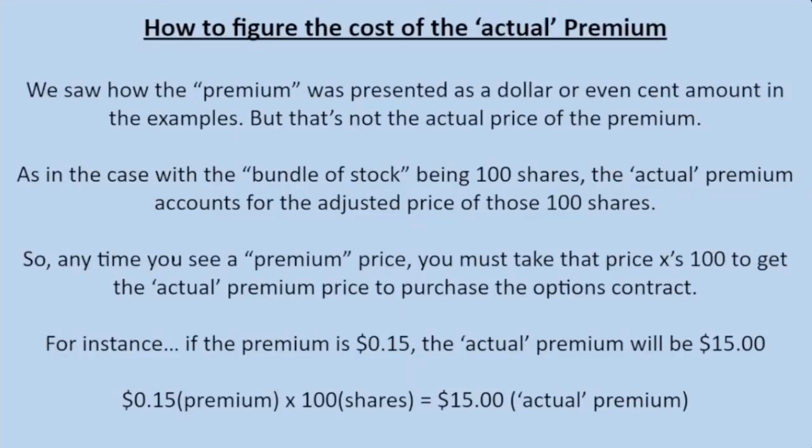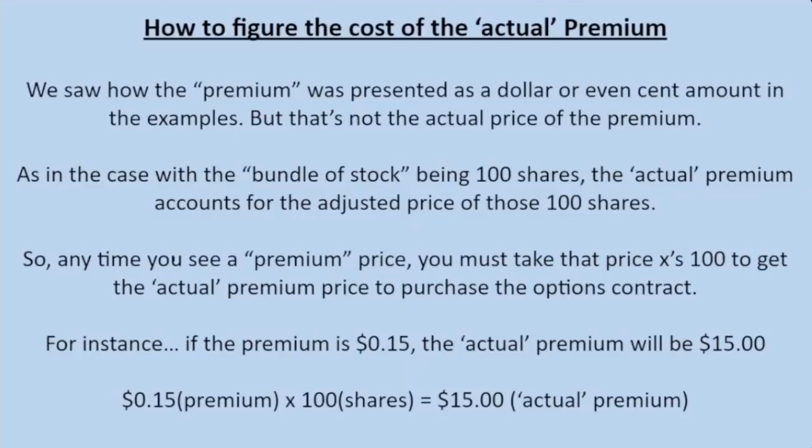In the case of the bundle of stock being 100 shares, the actual premium accounts for those 100 shares adjusted. So anytime you see a premium price, you have to take that price times 100 to get what I call, I don't know if you'll find this term anywhere, it works for me though, the actual premium.